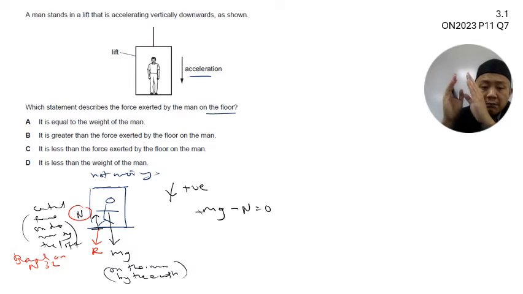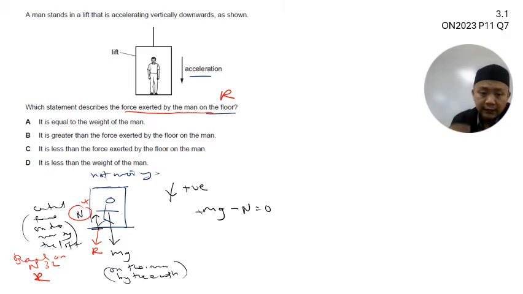So mg is equal to N, yes, but R is not directly equal to mg, because R is equal to N in the case of Newton's third law. It's quite a reach to get what R is here, because the statement of the force exerted by the man on the floor does not refer to N, but instead refers to R, the force acting by the man onto the floor of the lift.